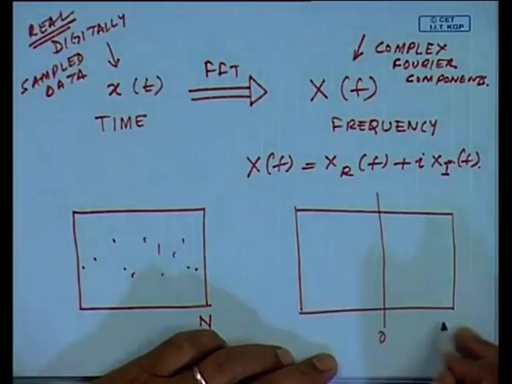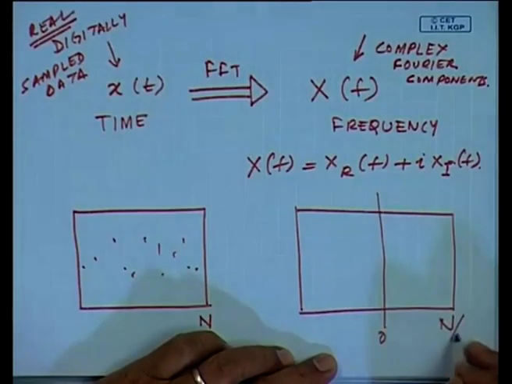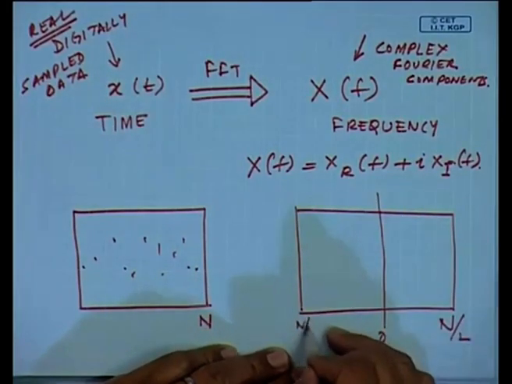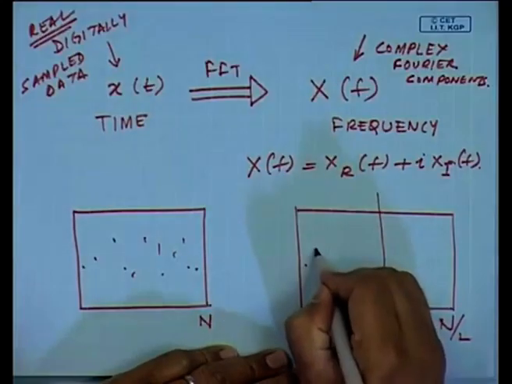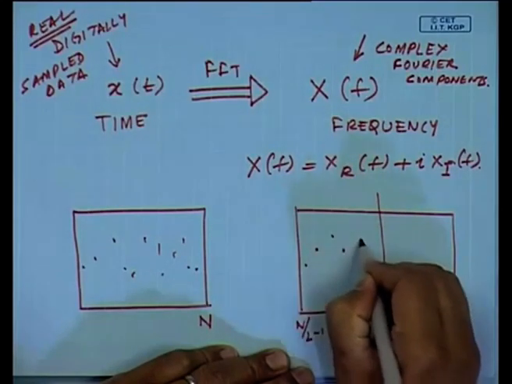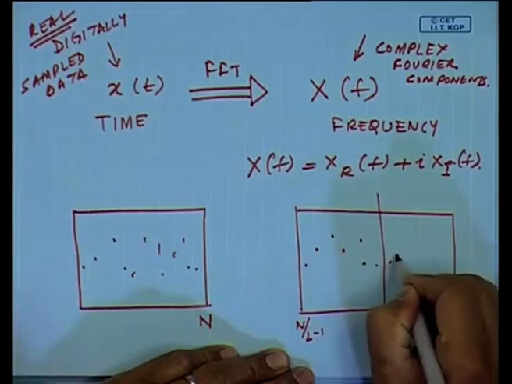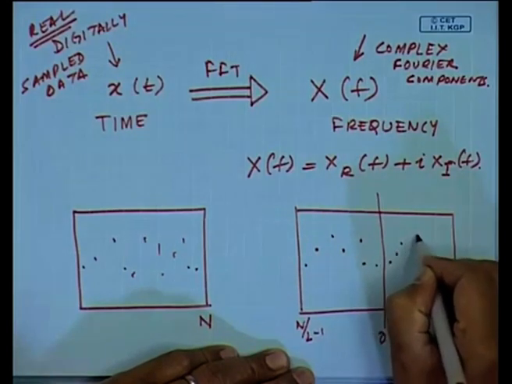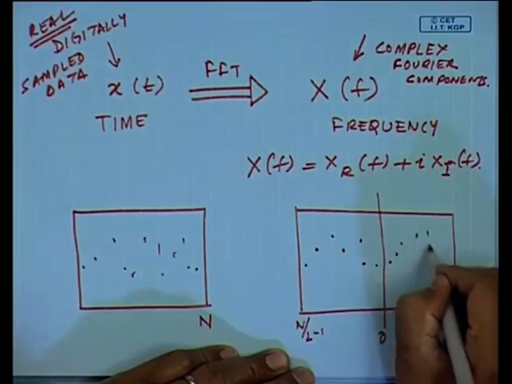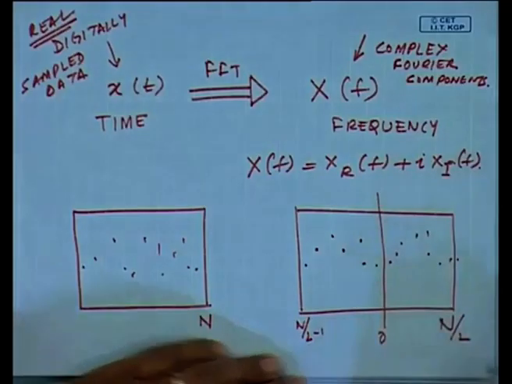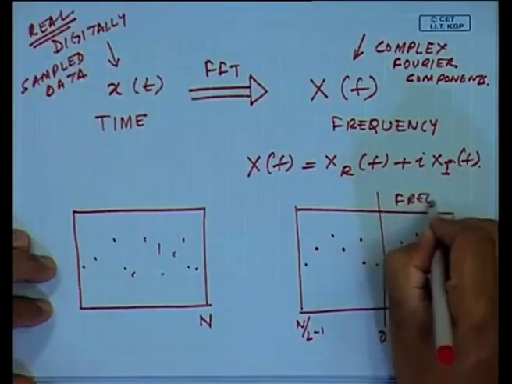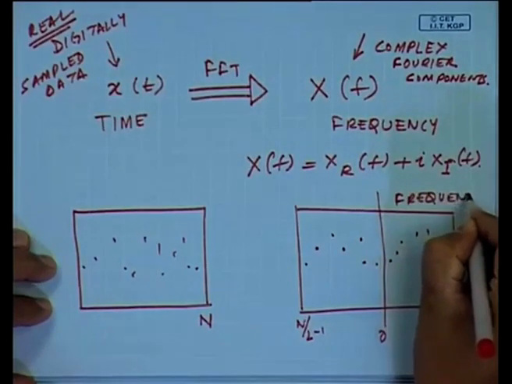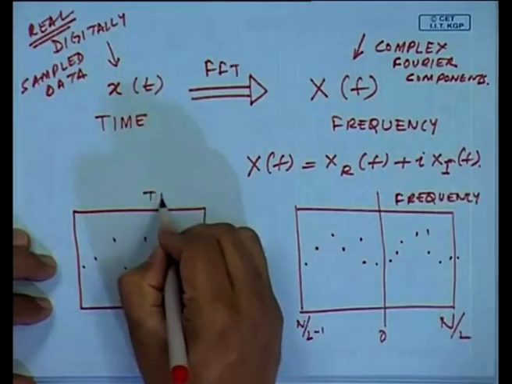This is the 0 component, it goes to n by 2 and maybe n by 2 minus 1, etc. So, these components will almost be a mirror image, and this is in the frequency and this is in the time domain.